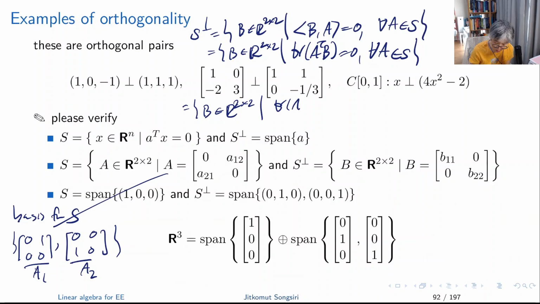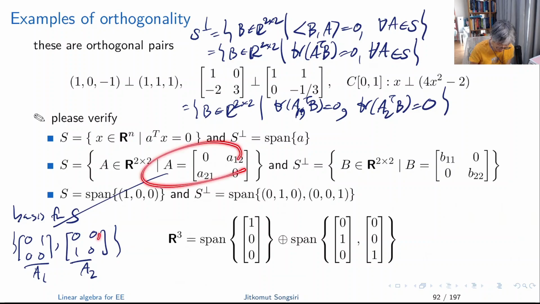So is it enough that you check only the orthogonality condition on the basis? I hope that you find it obvious because any A can be written as a linear combination of A1 and A2. So any A can be written as alpha 1 A1 plus alpha 2 A2.